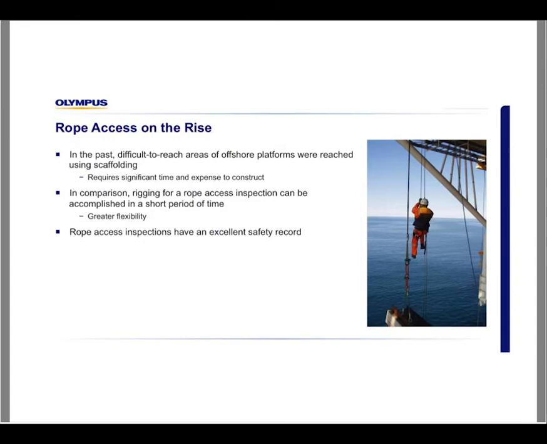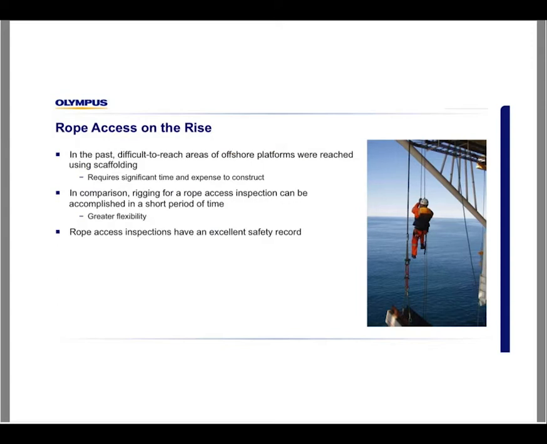Now, rope access, generally speaking, has become more and more prevalent, not only in offshore inspections, but in other hard-to-access locations as well. In the past, occasionally, scaffolding was used to reach difficult-to-access areas of offshore platforms, but there are a number of costs associated with scaffolding. For one, it's a large structure that needs to be constructed, so it takes quite a bit of time to put up scaffolding.